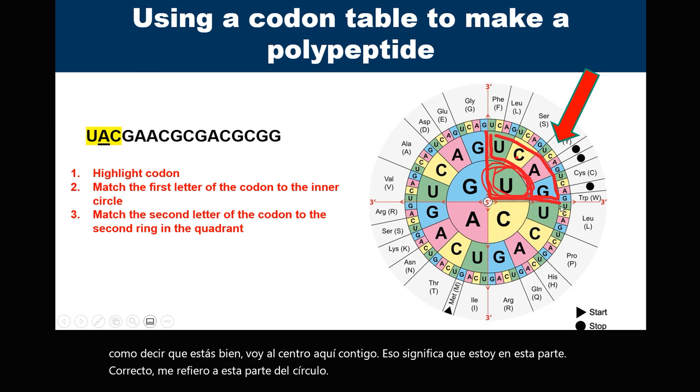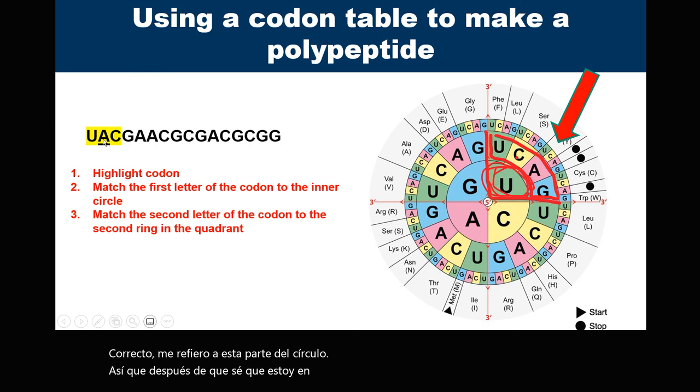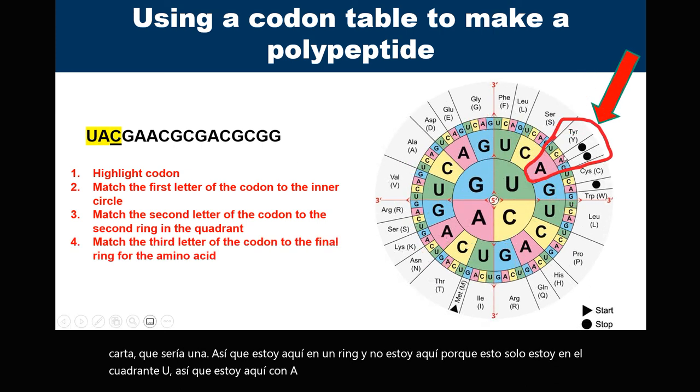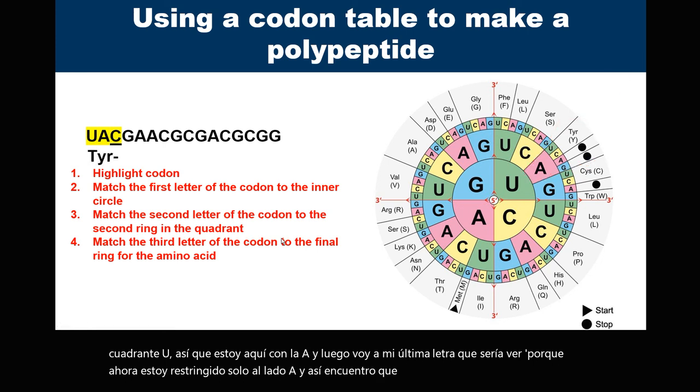After I know I'm in section U, I go to my second letter, which would be A. So I'm right here in the A ring, and I'm not over here because I'm only in the U quadrant. Then I go to my last letter, which would be C, because now I'm restricted only to the A side, and so I find that that is a tyrosine. So that's how we use that part.